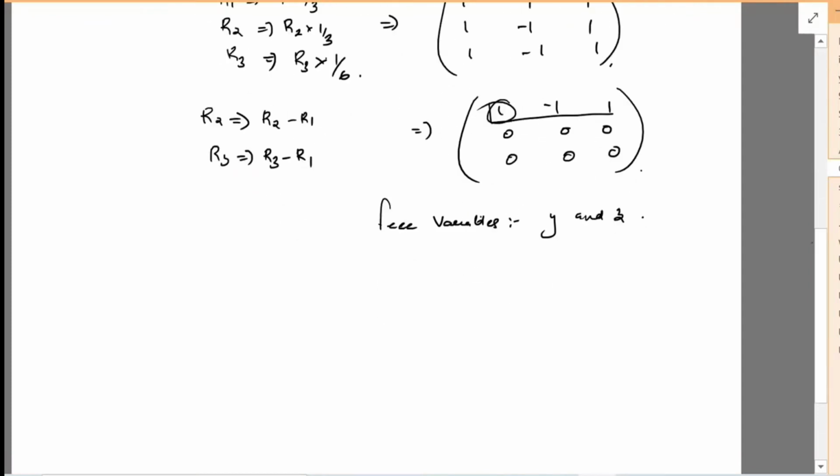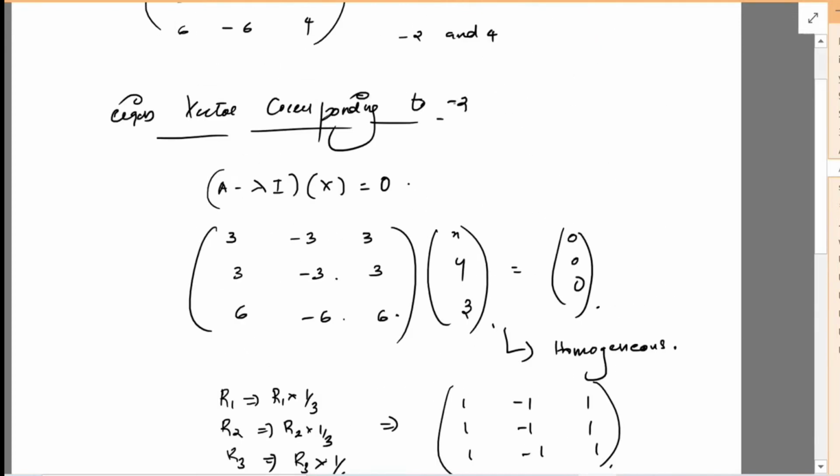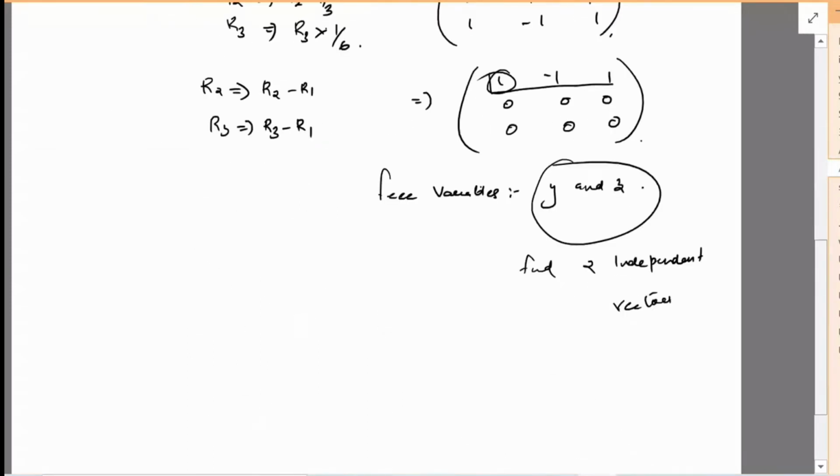So we got two free variables. We have learned about independent vectors. Here we got two free variables, so we can find two independent eigenvectors corresponding to the eigenvalue lambda equal to minus 2.